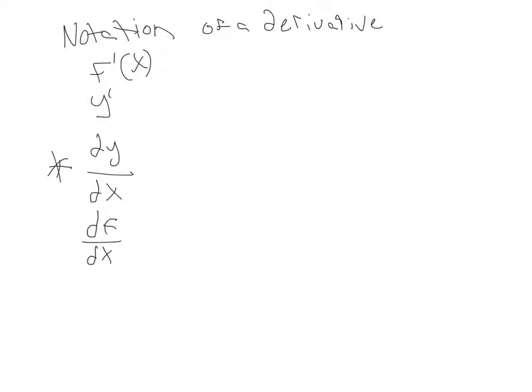And d dx represents derivative, so that one simply says the derivative of f of x. And those are the different symbolisms that we can use to represent or to identify a derivative.